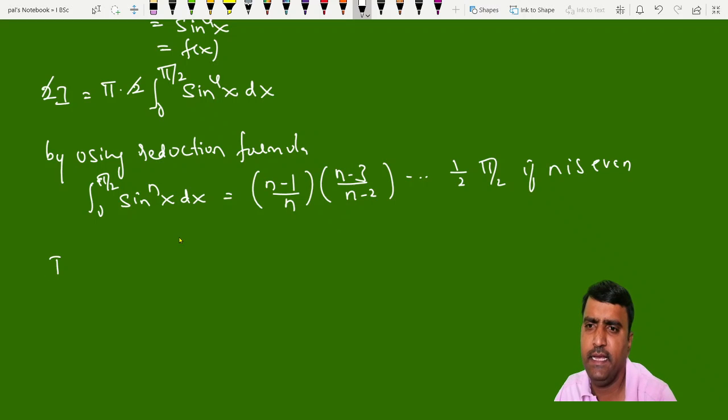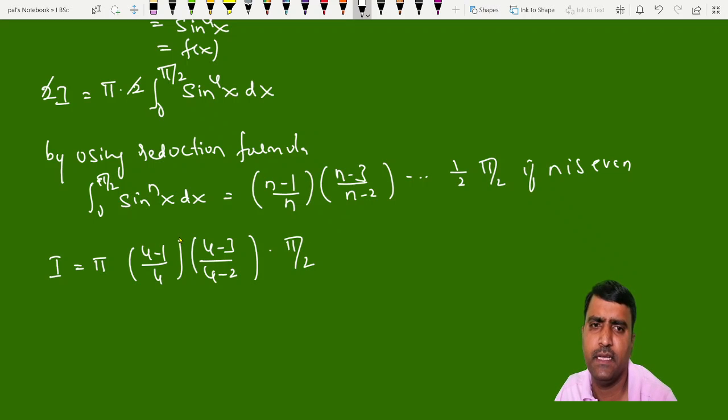Remaining here, I is equal to, what is n here? N is 4, so it is pi into 4 minus 1 by 4 into 4 minus 3 by 4 minus 2 into pi by 2. So this is because n is even number, so we have to take pi by 2 at last.